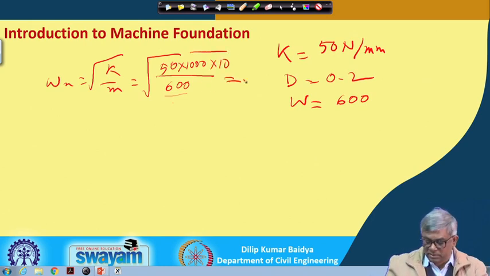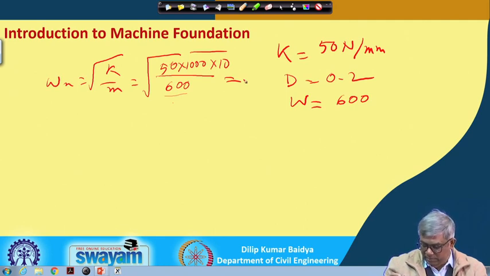If we do this, 600 by 9.81, you get 50 multiplied by 1000 multiplied by 10 divided by 600, under root, this gives you 28.8.